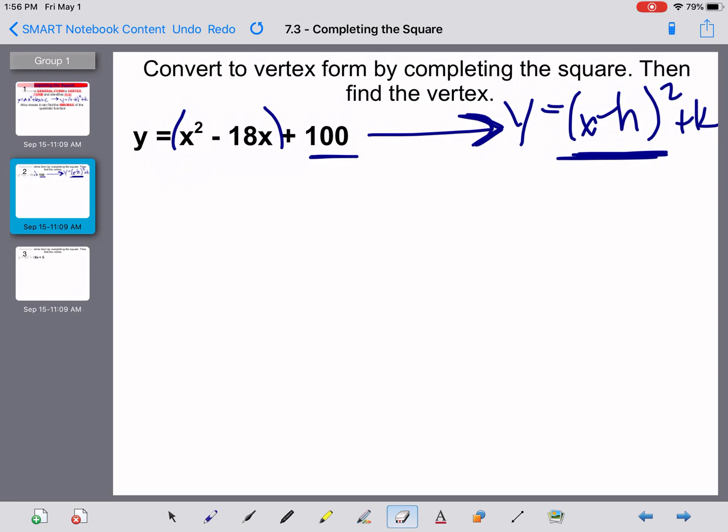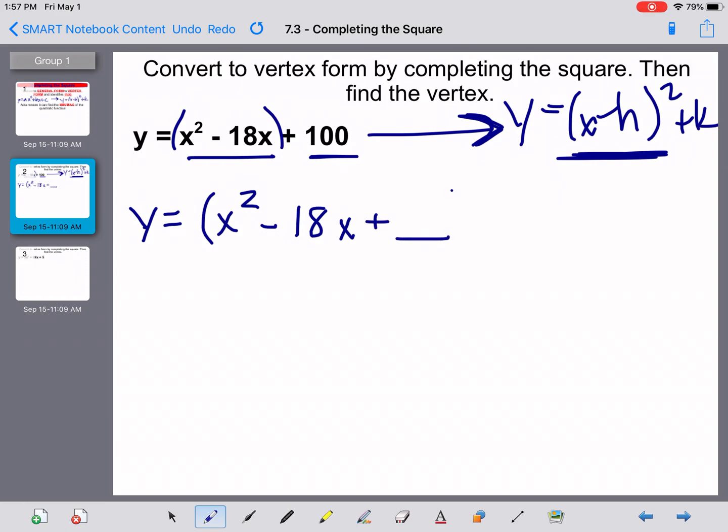If I consider the quadratic in there, this is where completing the square comes in, where I need to figure out, oops, that's a minus, what goes in for that c. For right now, we're just going to leave that. I know some of you might be saying, I'm missing a part. I'll get there, I promise.